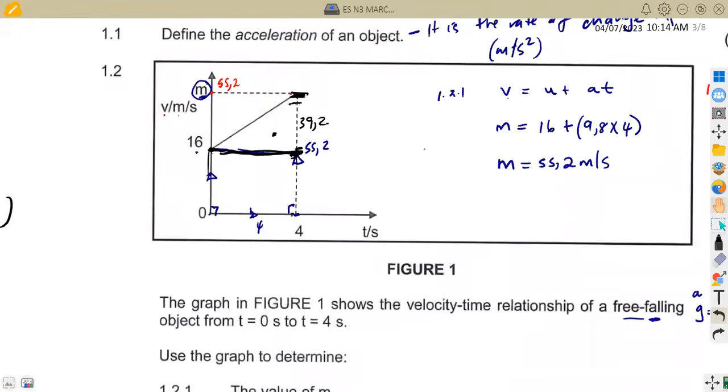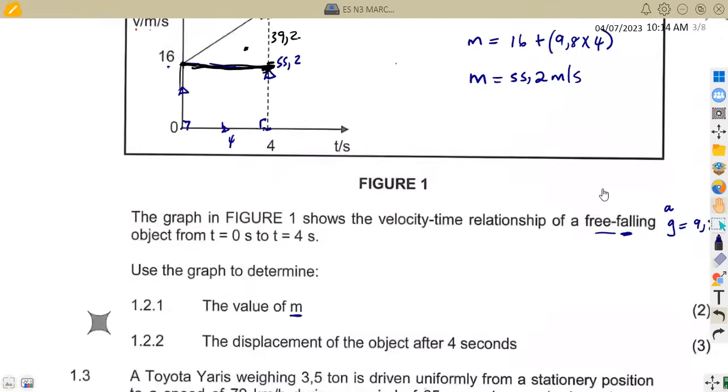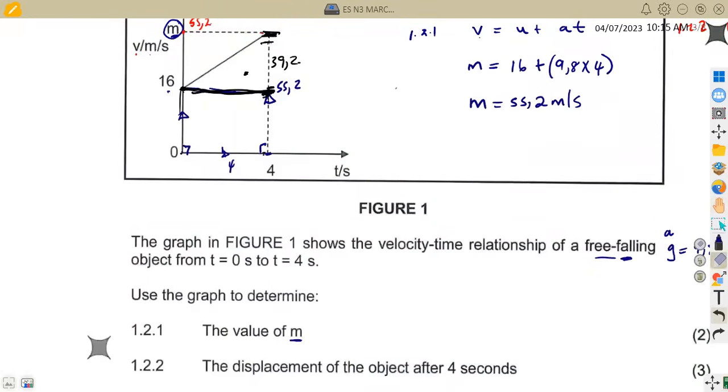Or you can use the formulas still of linear motion. Since we are given the time from 0 to 4, we have got our acceleration, we have got the time, so we can calculate that displacement. I've got this formula that I want you to see, that displacement can be given as S is equivalent to U plus V over 2 times T. So you can use your formulas.